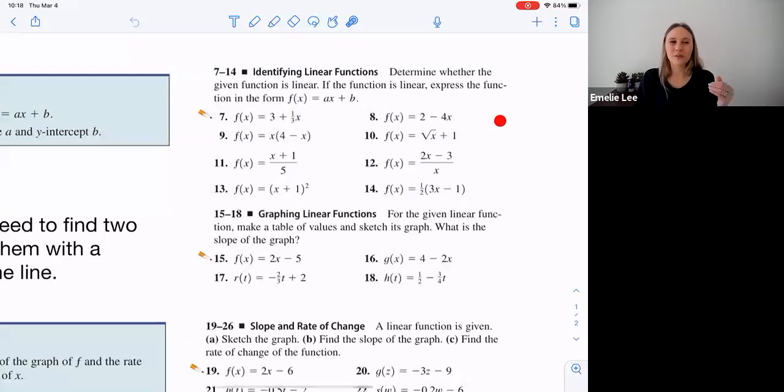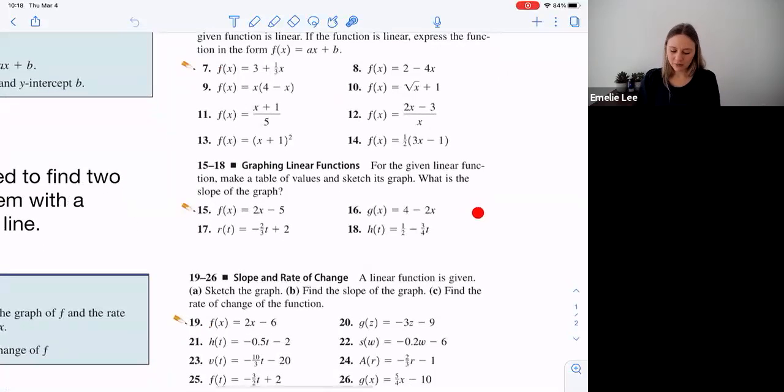If you're able to rearrange things into the form of y equals mx plus b, then you have a linear function, right? And whether you talk about f of x or y, it actually doesn't matter. So for the next section, can you rearrange it into y equals mx plus b? Yes, then you have a linear function.